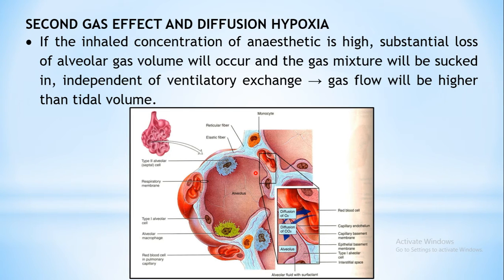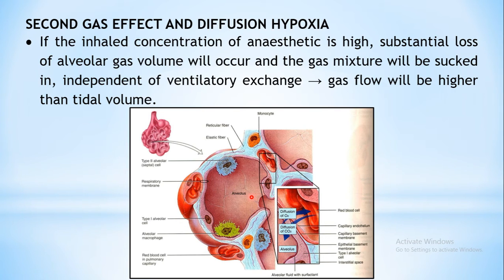You are already aware that even during exhalation, the entire amount of air is not exhaled out. Some amount of air will remain, otherwise your alveoli will collapse. But when an anesthetic is administered in a very high amount, all the air found in all the alveoli will be practically replaced by this mixture of gas.